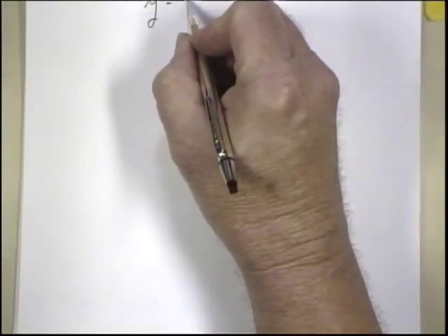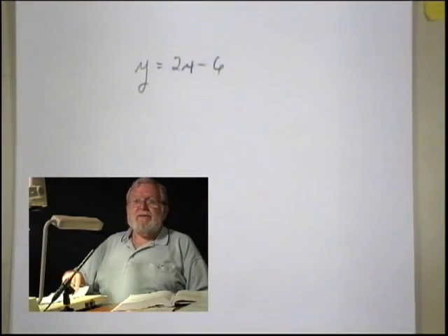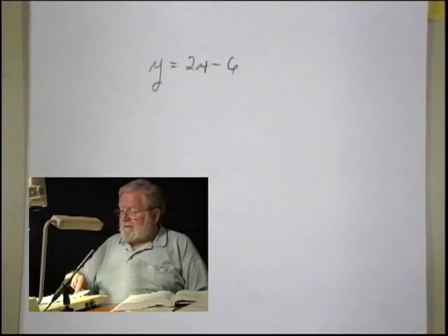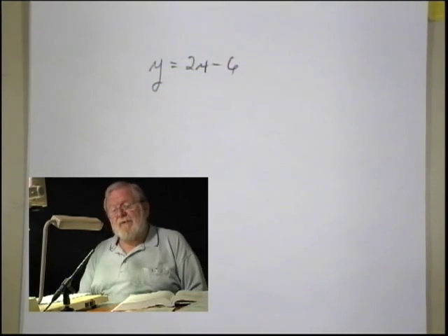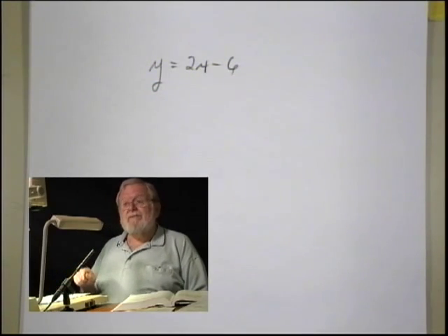Functions are represented by an equation. For example, y equals 2x minus 6 is an equation, and this equation does happen to be a function. How do we know it's a function?